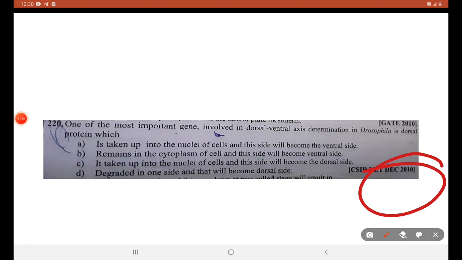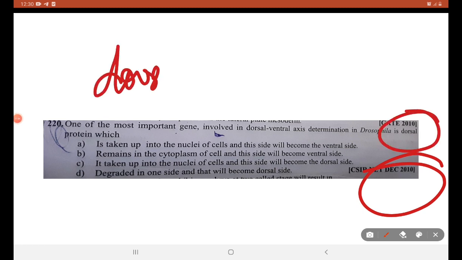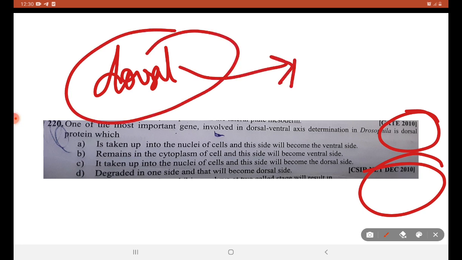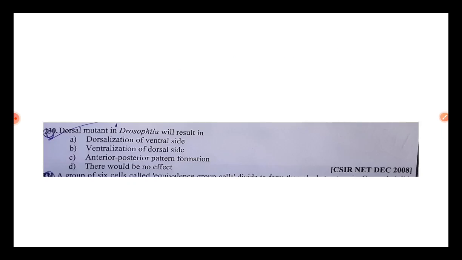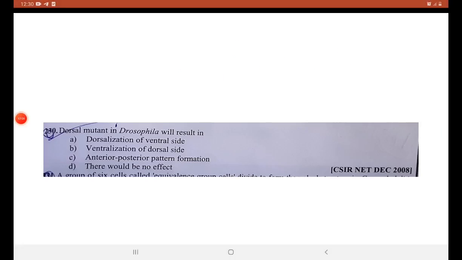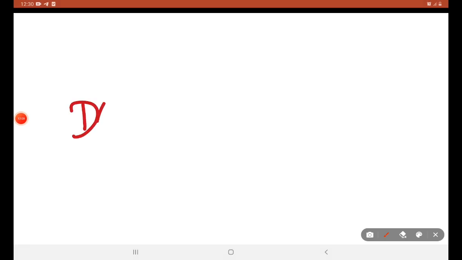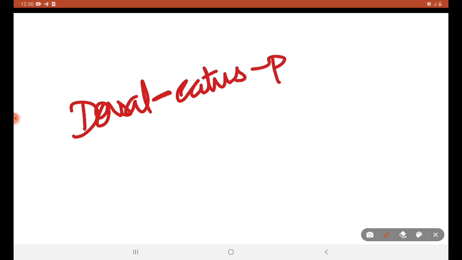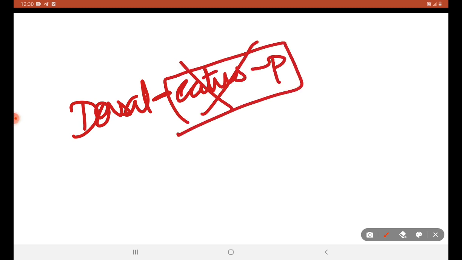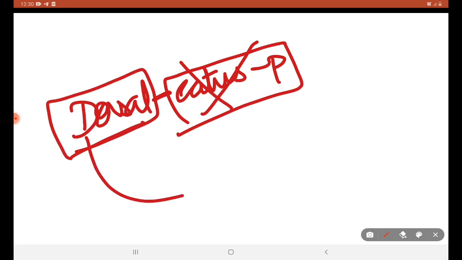December 2020. Dorsal: I said the dorsal protein will enter into the nucleus and will form ventral fate. A is the right answer. Dorsal protein will be attached with cactus. If cactus is phosphorylated, it will be degraded, so the dorsal protein will enter into the nucleus.